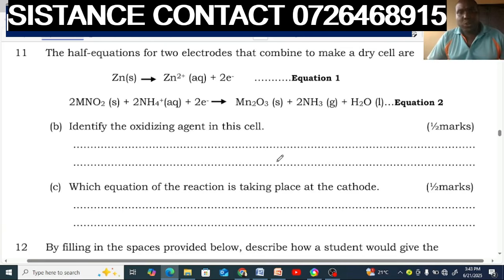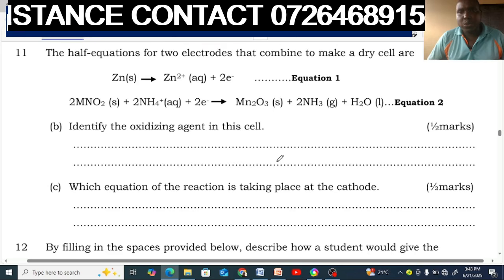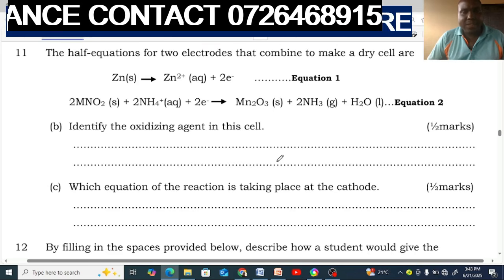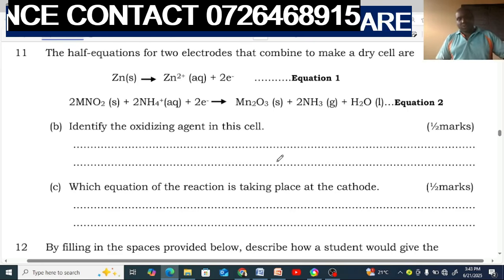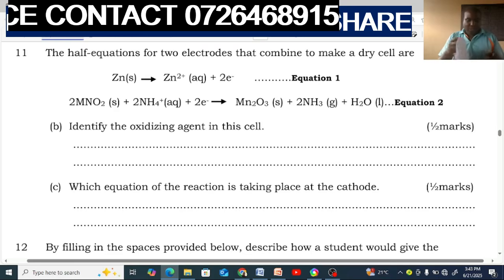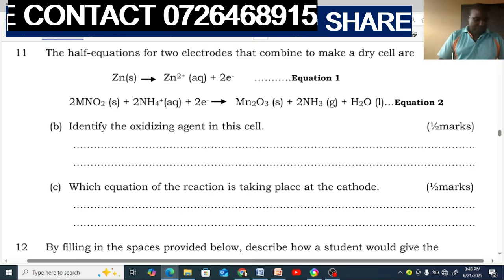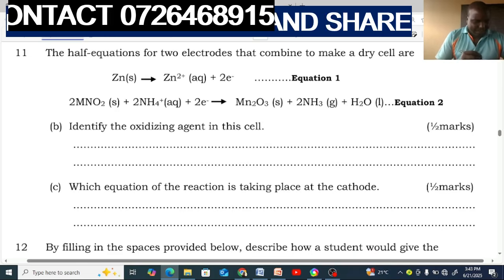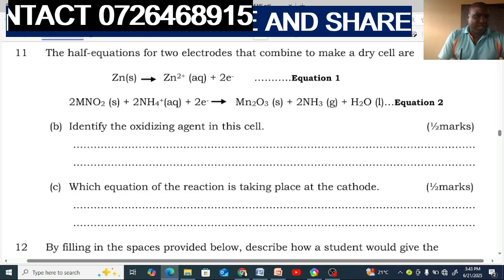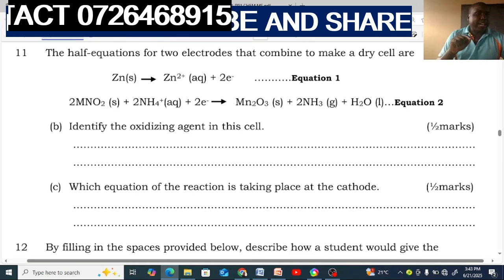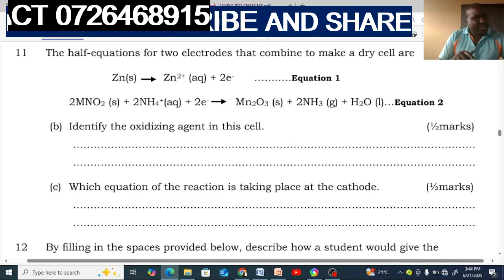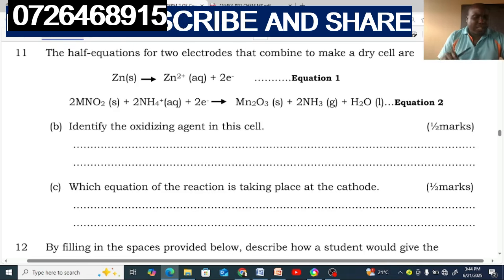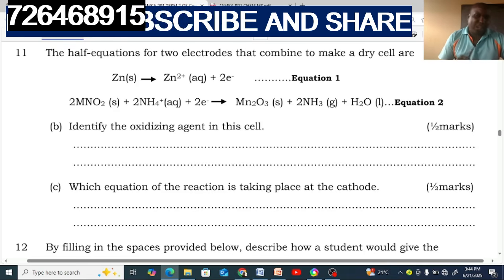I have equation for the two electrodes that combine to make a dry cell here. Identify the oxidizing agent in the cell. So you need to understand electrochemistry very well for you to answer this question. You start by understanding that a substance that gives electrons is the reducing agent. And if it is the reducing agent, it undergoes oxidation. And you need to understand that oxidation takes place at the anode.